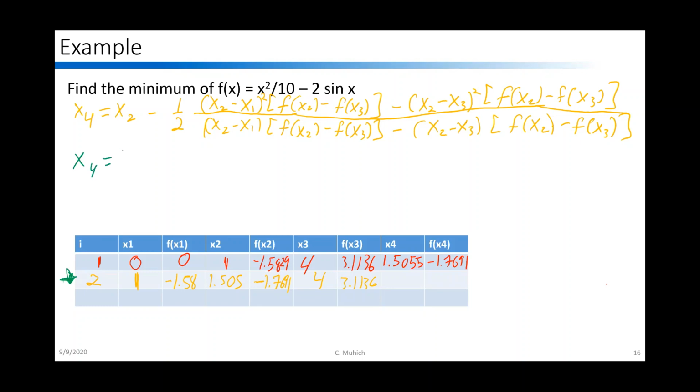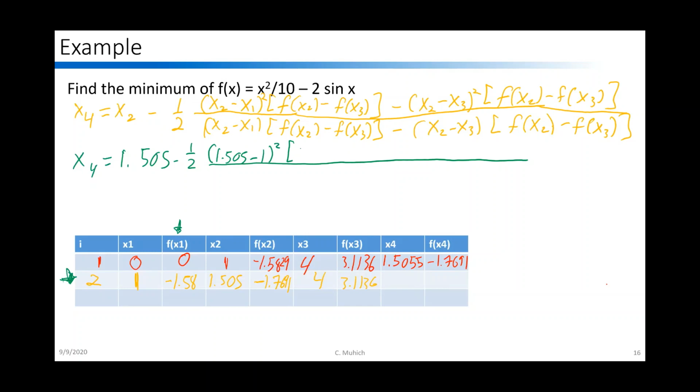So x4 is going to be x2. This time x2 is 1.505 minus 1/2. We have x2, 1.505 minus x1, which is 1 squared. Now I'm going to go look in these secondary columns for my f of x's.